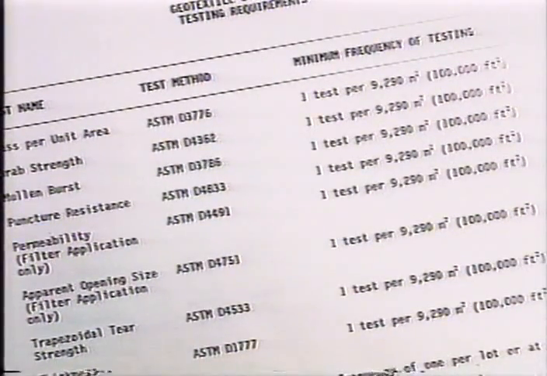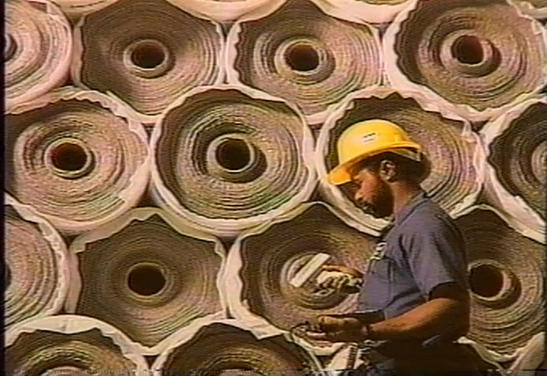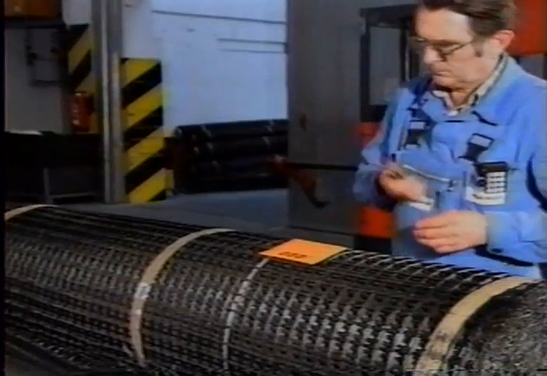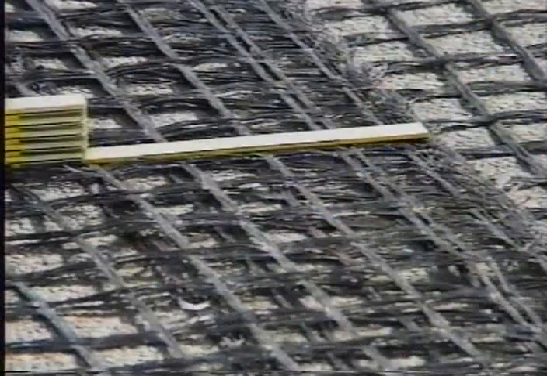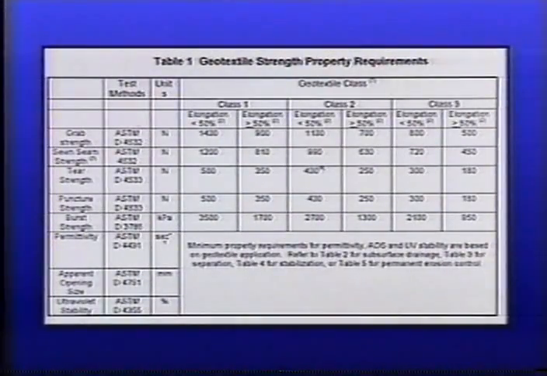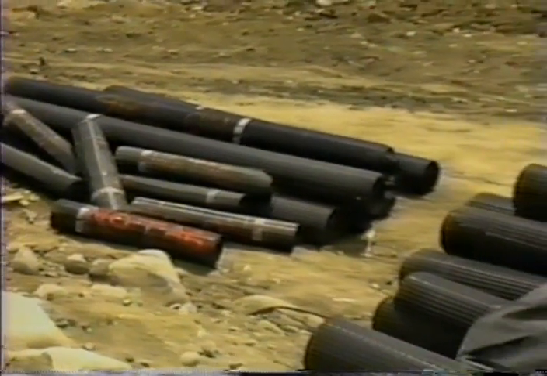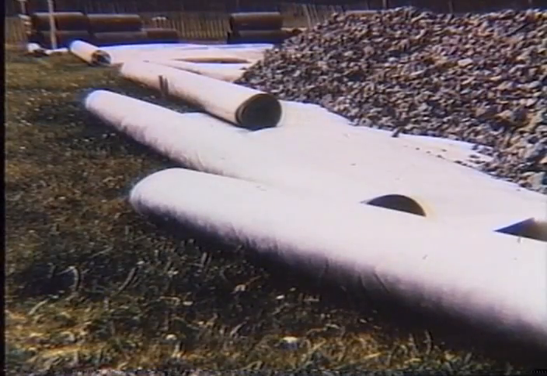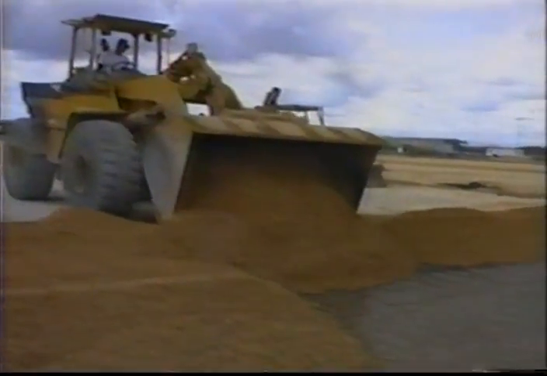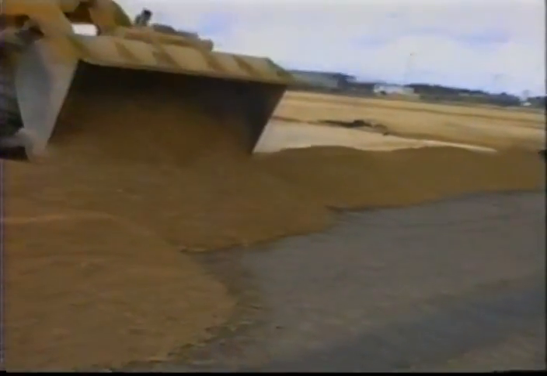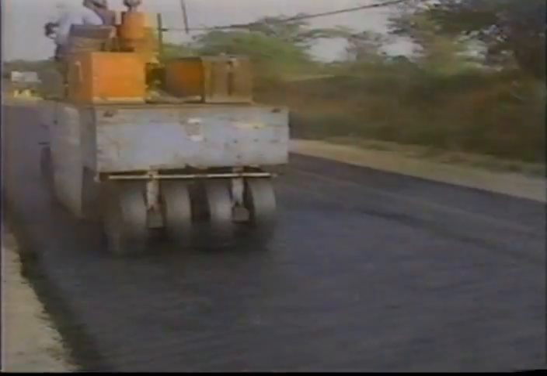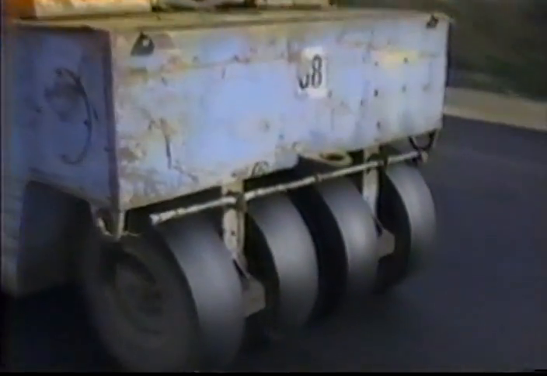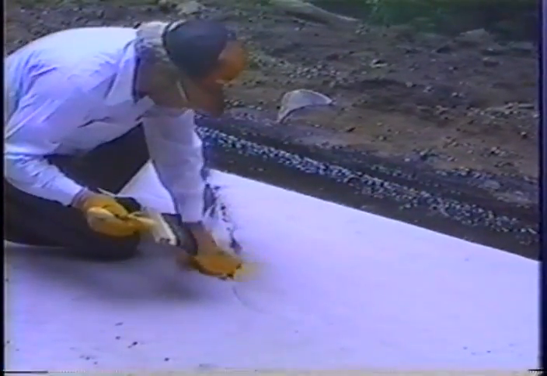These should include index properties reported in minimum average roll value units, MARV units, specific performance properties, seam and overlap requirements, acceptance and rejection criteria for sampling and testing, general requirements about the selected material with instructions for its storage and handling, maximum time allowed for exposure to UV light before backfilling, placement procedures, grading and ground clearing, aggregate specifications and lift thickness, the type and weight of equipment to be used, and repair procedures for damaged sections.